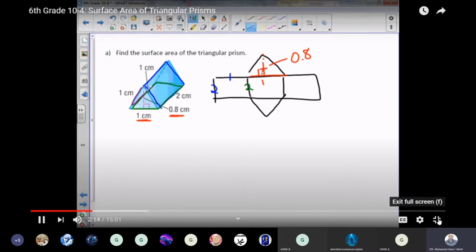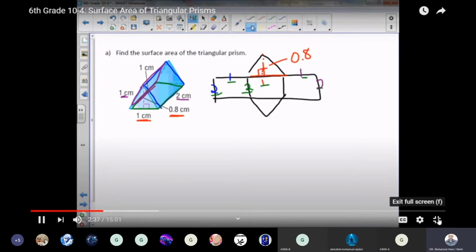And this rectangle in the back is also 1 and 2. So if you look here, I have three rectangles with base and height of 1 and 2.